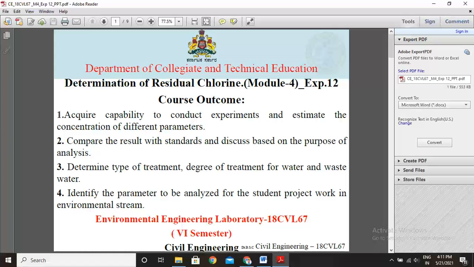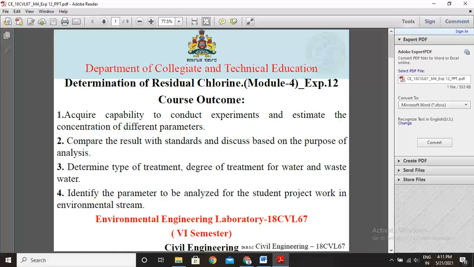Course outcomes are given based on this topic as well as this subject. There are 4 course outcomes. One is to acquire the capability to conduct experiments and estimate the concentration of different parameters. Second is to compare the results with standards and discuss based on the purpose of analysis.